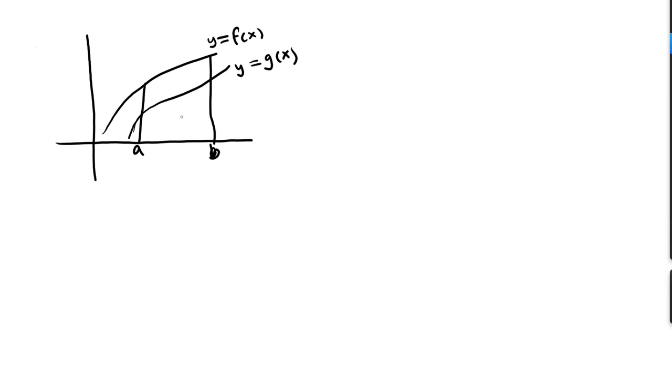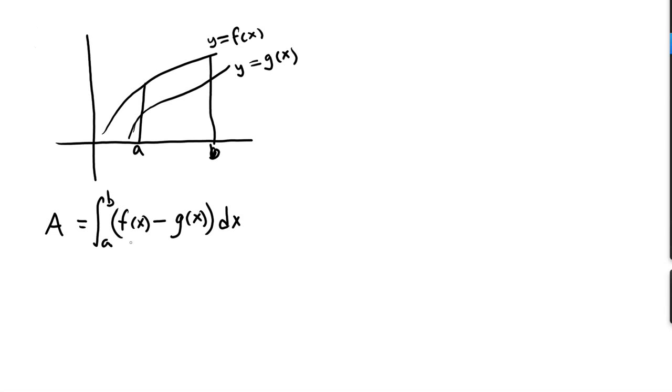I'm looking for this area in between these two curves. Remember how we do this: from a to b, take the top curve f of x, subtract the bottom curve g of x, dx, and that is the area between the curves.